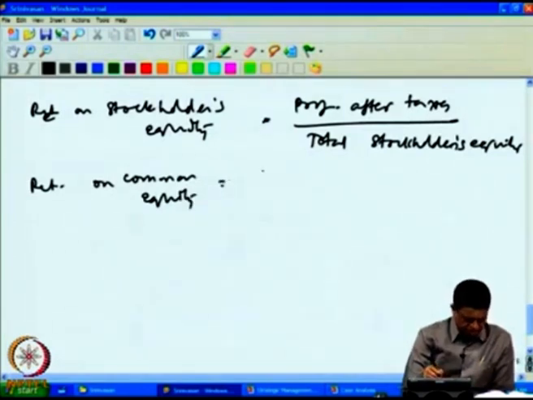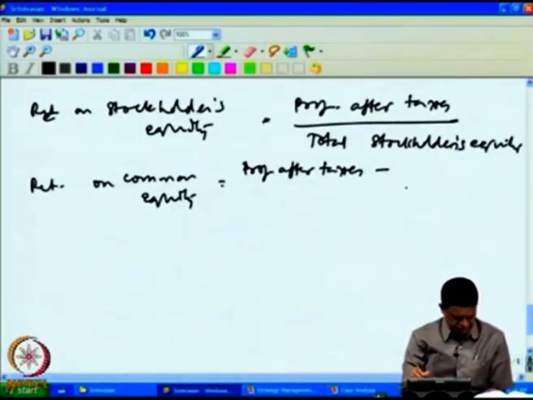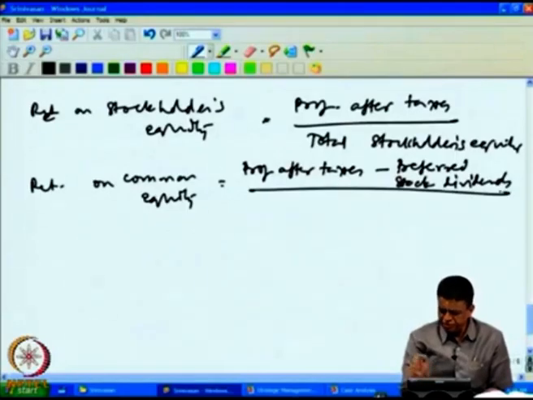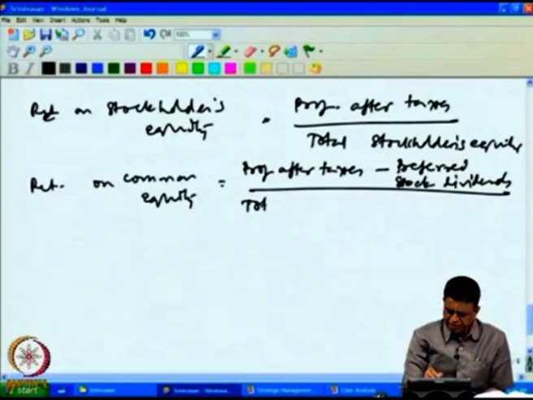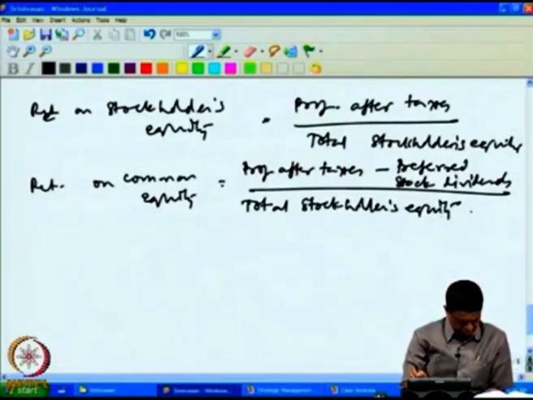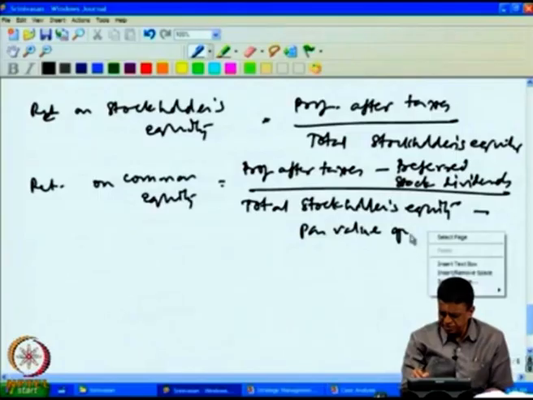This return on common equity we can calculate using the formula: profit after taxes minus preferred stock dividends, divided by the total stockholders equity minus the par value of preferred stock.